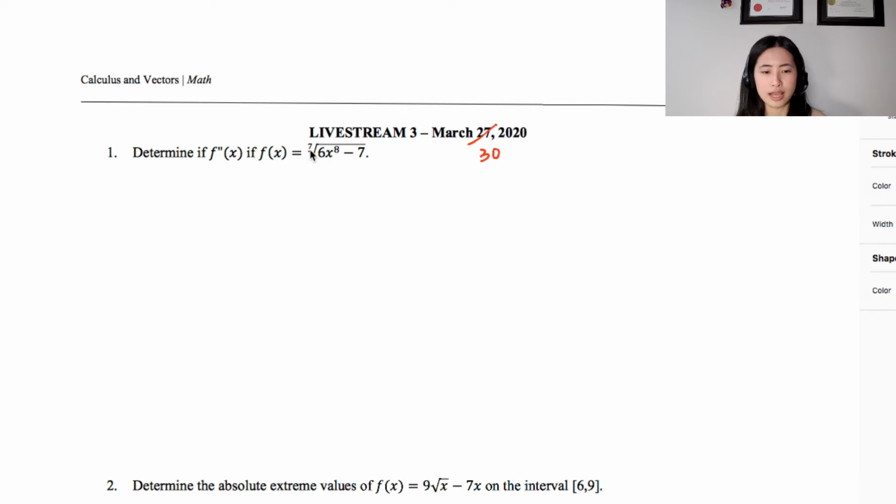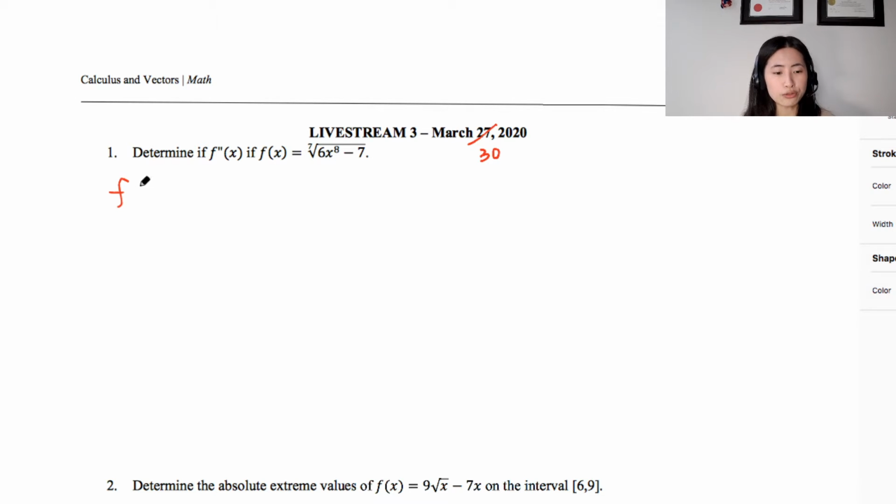Just to clarify, anytime you see two apostrophes over here, that means you're looking for the second derivative, and if it's the first derivative, there's only one. So before you find the second derivative, you need to find the first derivative, and that's what we're going to do.